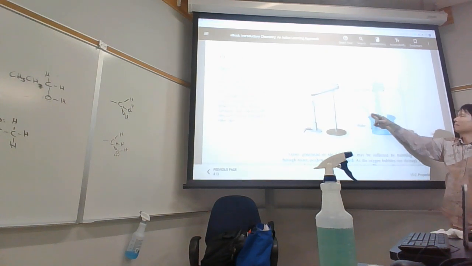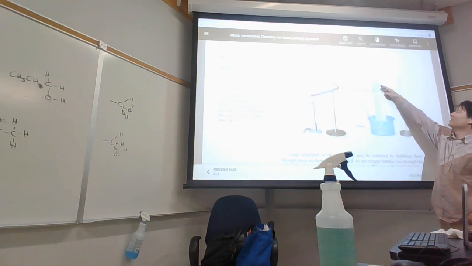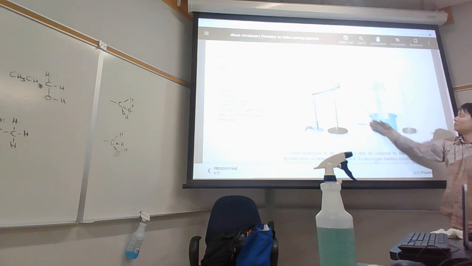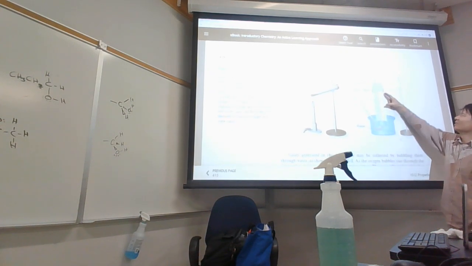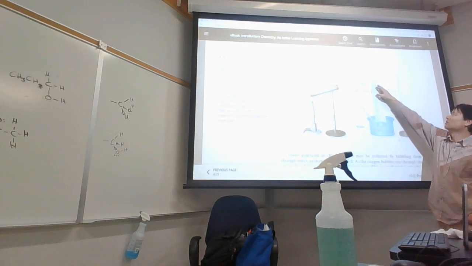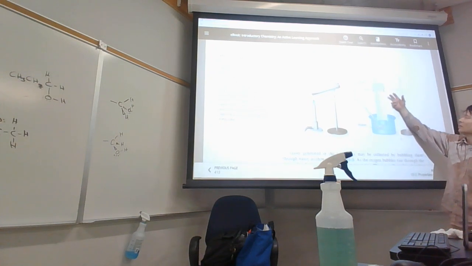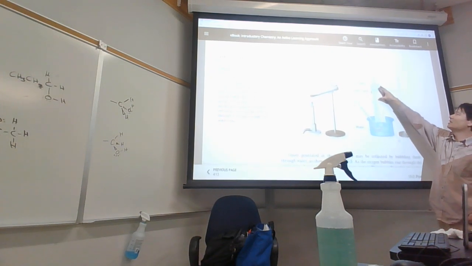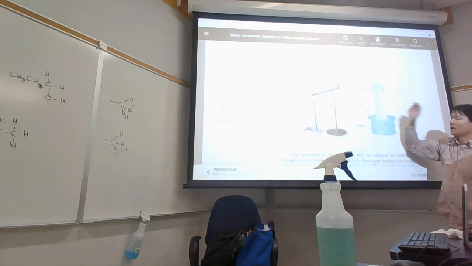Originally, it was open to the air. So what we'll do is get a big sink, and then we're going to submerge this tube until the water level in the sink matches the water level of the gas inside the tube, and then we've done what's called equalized pressure. So once we equalize the pressure, then we know the total pressure of this gas here.